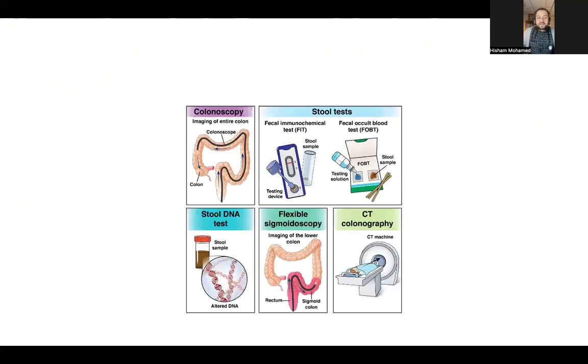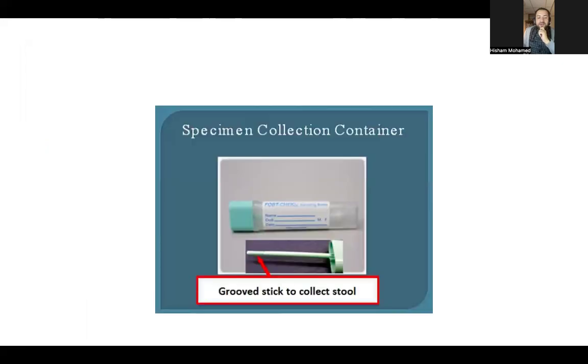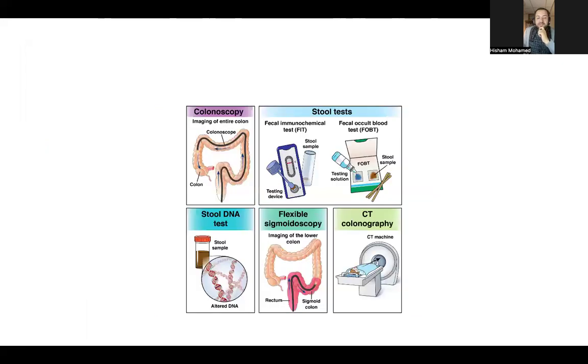So our patient is indicated for colorectal cancer screening, as average risk or high risk. As average risk, we'll go for FIT. What's FIT? It's a simple stool test called fecal immunochemical test.